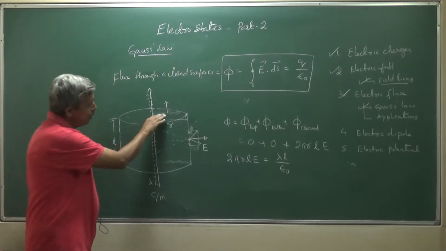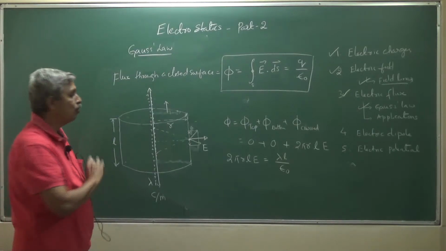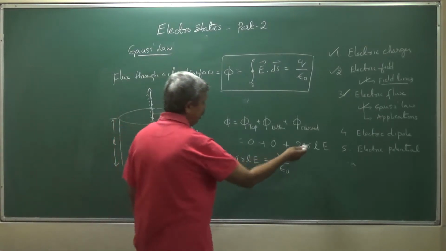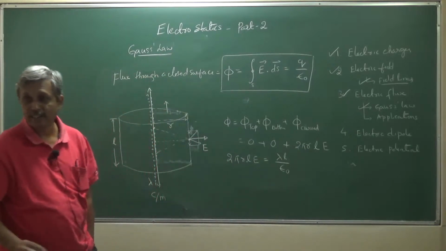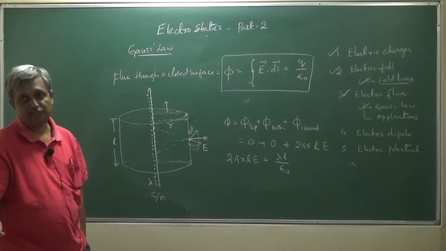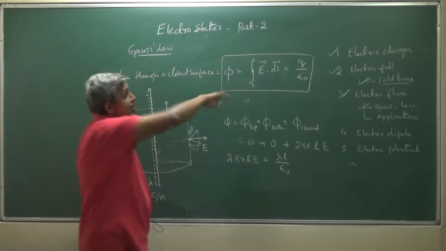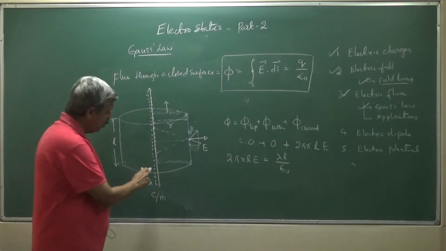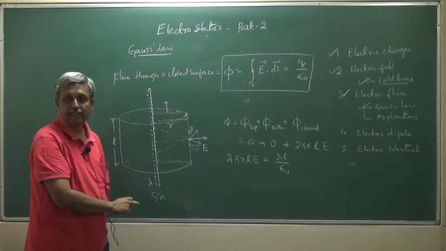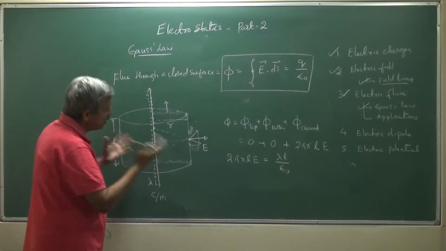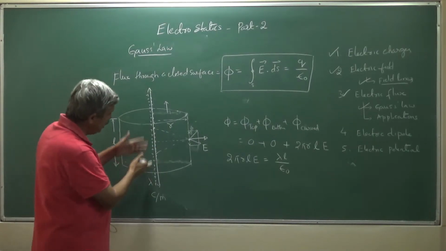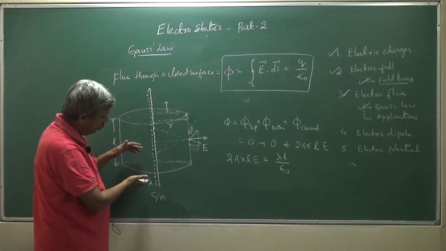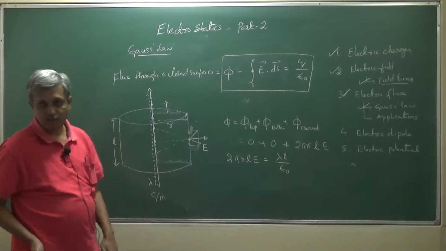So no flux passes through the top and bottom, and the total flux is only through the side. That is given by 2 pi r L into E, because flux is area into electric field. That should equal Q by epsilon naught, where Q is the enclosed charge, the charge inside the cylinder. The charge is only from here to here. Lambda is per unit length, and the total length is L, so it is lambda L.